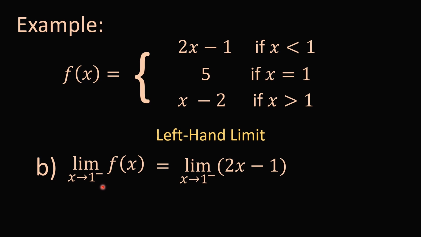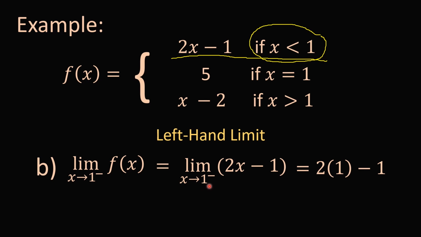So since less than 1 siya, sa given na piecewise function natin, yung pinakauna yung gagamitin natin. Kasi nakalagay dito na condition if x is less than 1. Okay? So we're going to use 2x minus 1. So we will have the limit of 2x minus 1 as x approaches 1 from the left.